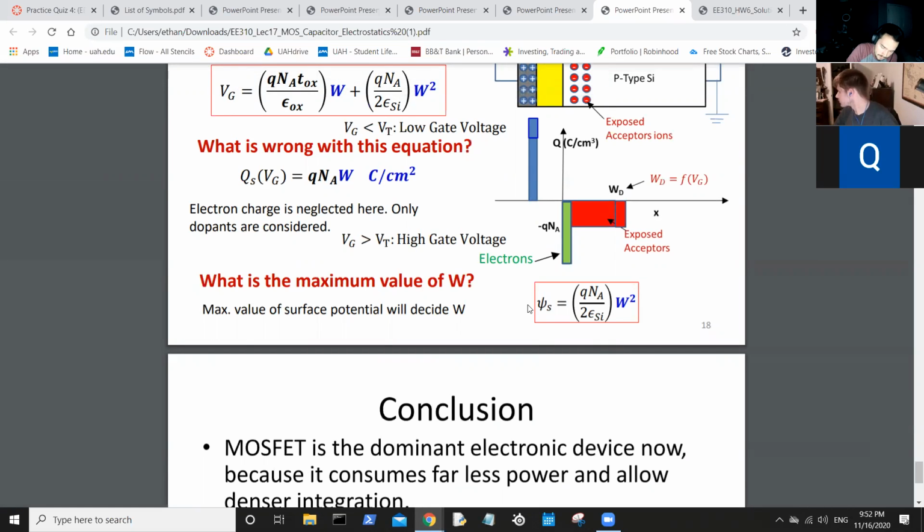So I'm going to say formula sheet. All right. So let's start. First things first, this formula right here, I know we use a lot. This is just your surface potential formula. So get that one down.